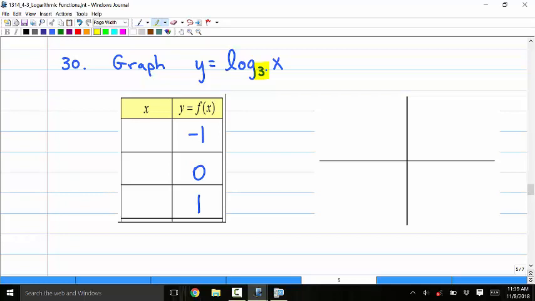Base is 3. So you're going to have the point 1/3, comma, -1, 1, 0, and 3, 1. So go graph those 3 points. I have 1/3, -1, 1, 0, and 3, 1.